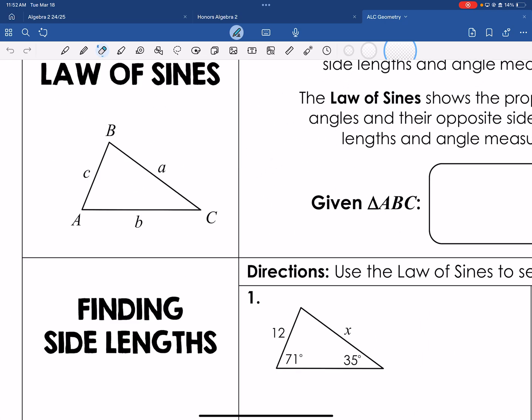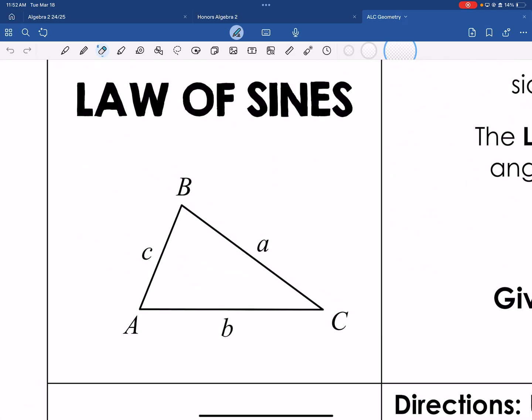So the first thing I want you to do in your notes, law of sines, and then I want you to draw that triangle and label the triangle exactly how it has labeled with both upper and lower cases. And you'll notice that the upper case is the angle, the lower case is the side opposite of that same letter.